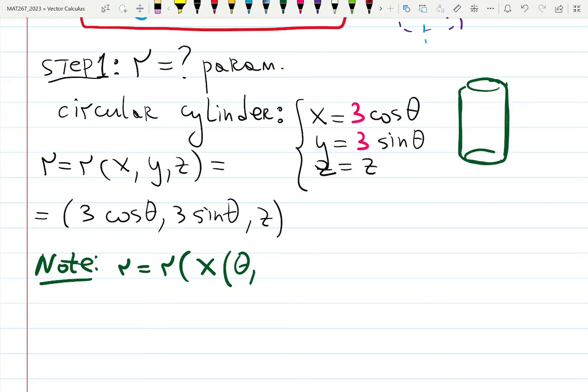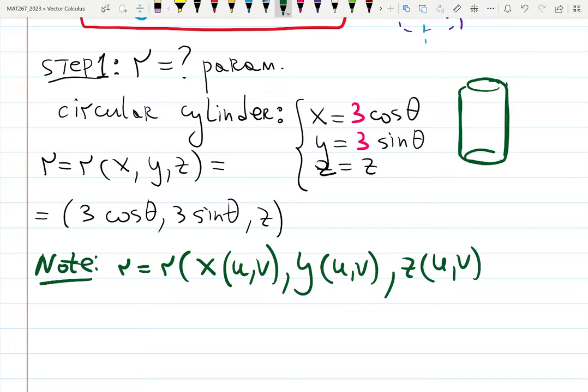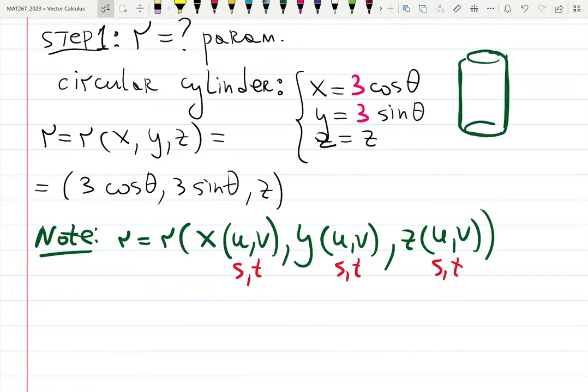They rename it as u and v, or they rename it as s and t. But again, that's extra work, so I don't know why people do that. But my point is, if you see it, you should not be confused. Sometimes s and t, you see it in the books a lot. Usually follow the alphabet, s and t, u and v. I would keep it theta and z, why even bother? Just z equals z, what is the problem?